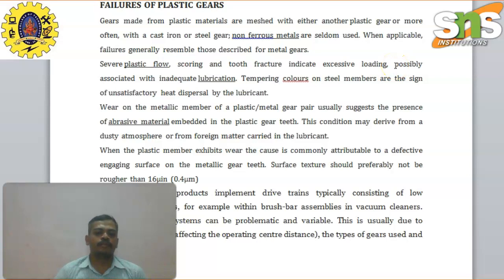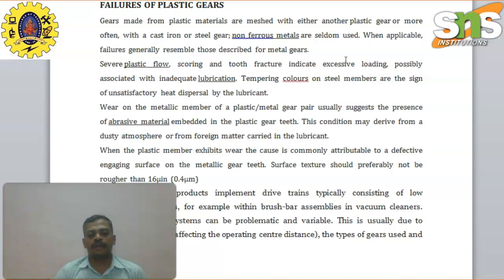The applicable failures generally resemble those described for metal gears. Severe plastic flow, scoring and tooth fractures indicate excessive loading, possibly associated with inadequate lubrication. Tempering colors on steel members are a sign of unsatisfactory heat dispersal by the lubricant.